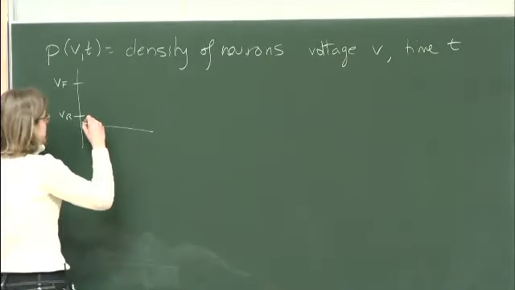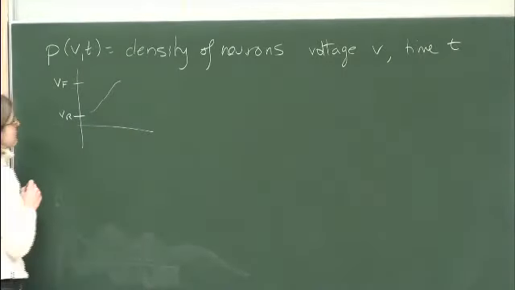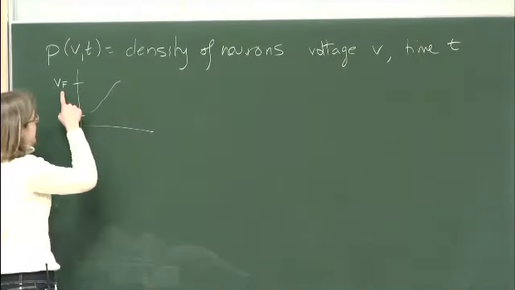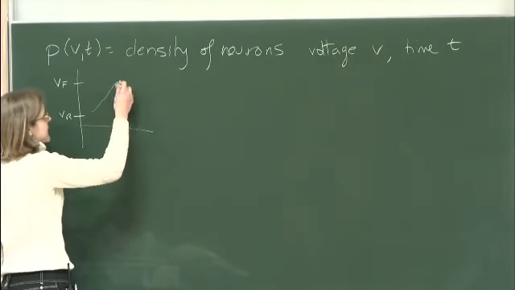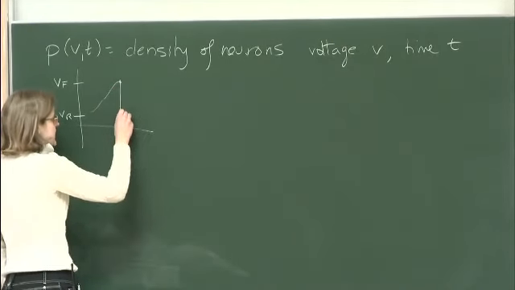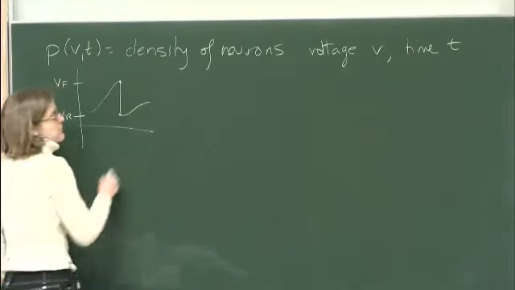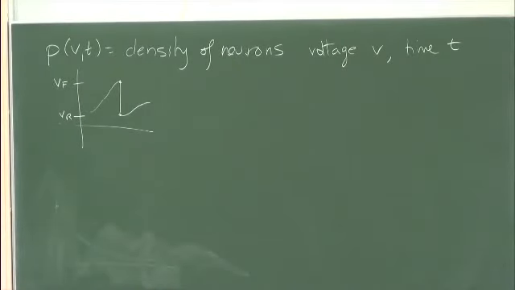We explained that when the voltage of the neuron reaches V fire, it immediately emits a spike, discharges, and goes back to the voltage V reset. To simplify the model, let's just translate this and put V fire equal to 0.